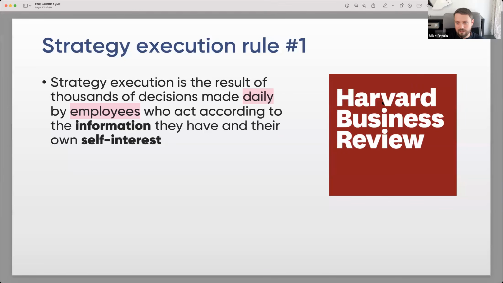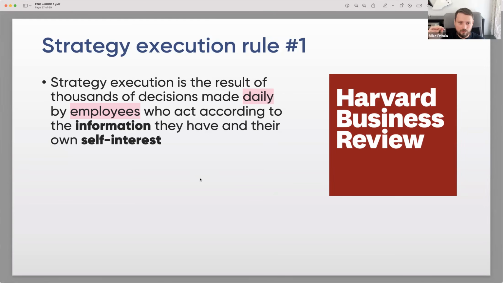It's described by Harvard Business Review. Strategy execution is a result of thousands of decisions made daily by employees. So it's not something made annually or monthly by managers, but rather daily by employees who act according to the information they have and their own self-interest.